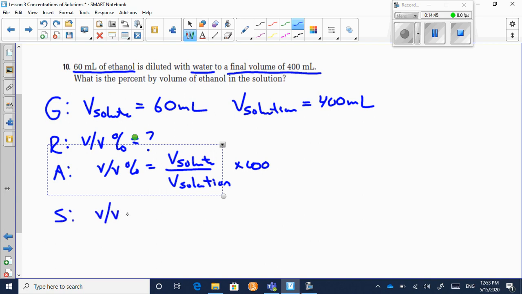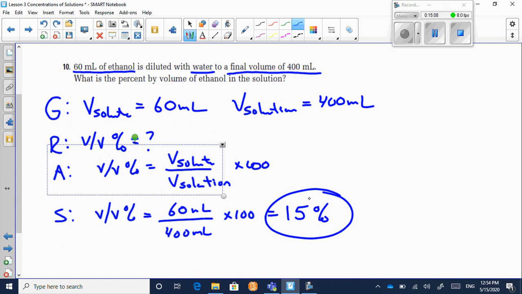So the volume percent is equal to 60 milliliters divided by 400 milliliters times 100. And when you do that, you get 60 divided by 400 times 100 is 15%. Okay, so the percent of ethanol would be around 15% in that case.